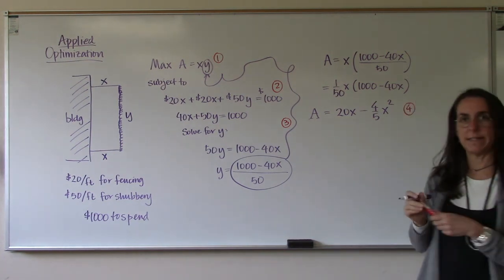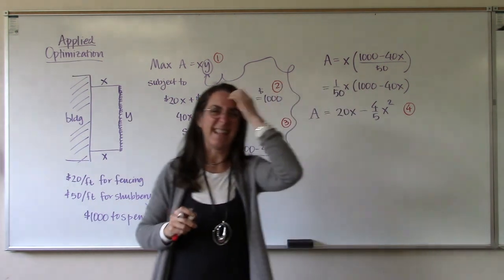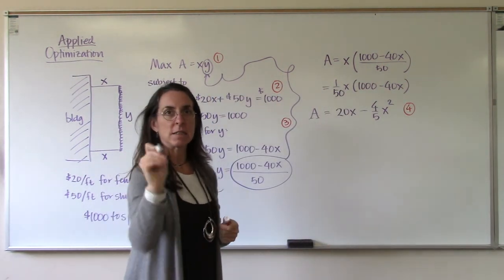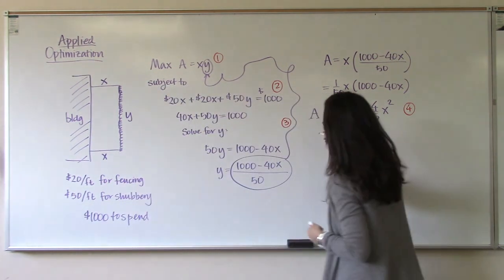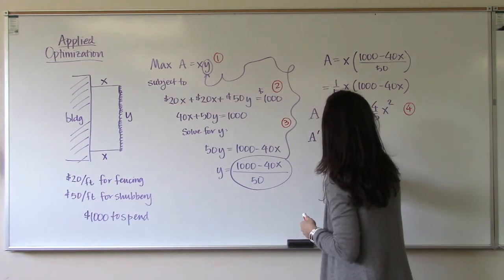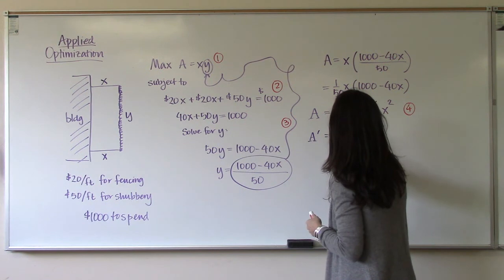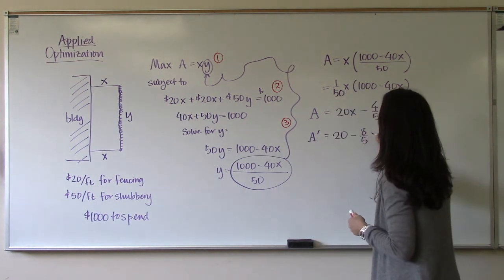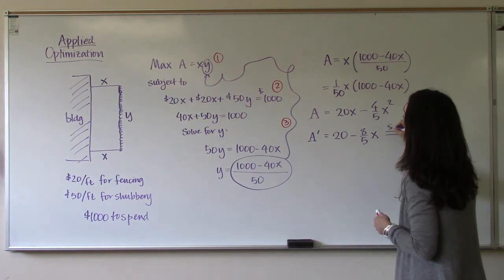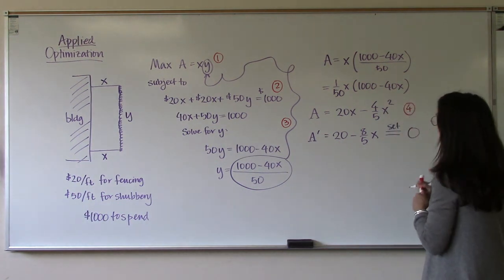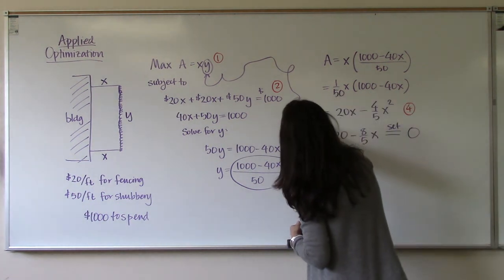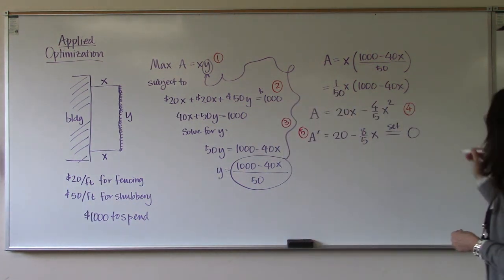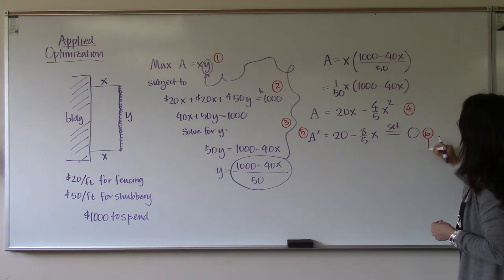So we've cleaned this up. What is the next thing that we do? We've got the function, and now we want to take its derivative. So A prime is 20 minus 8/5 x. Take the derivative, and now we're going to solve the equation.